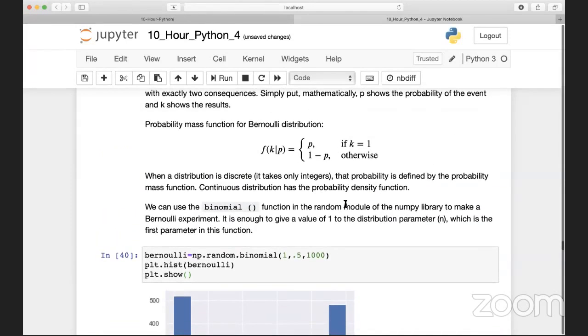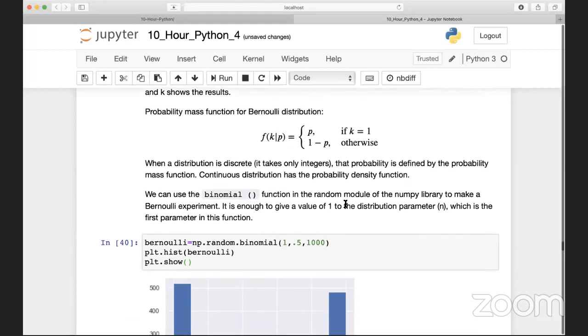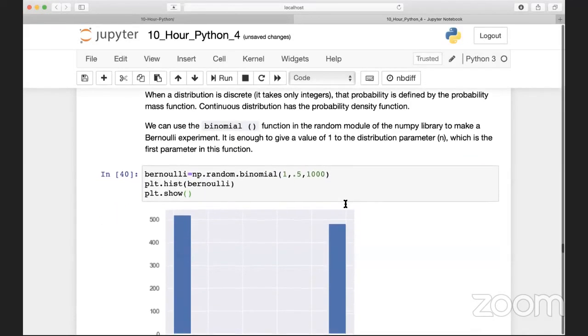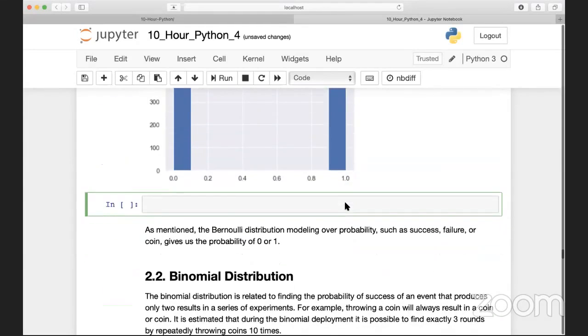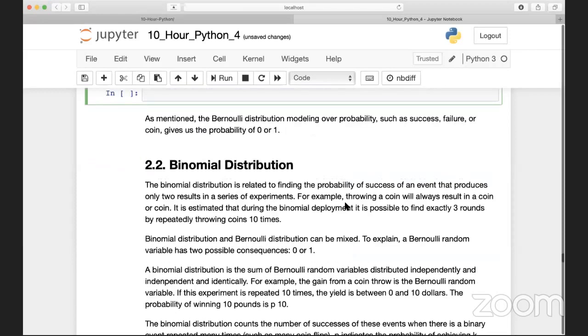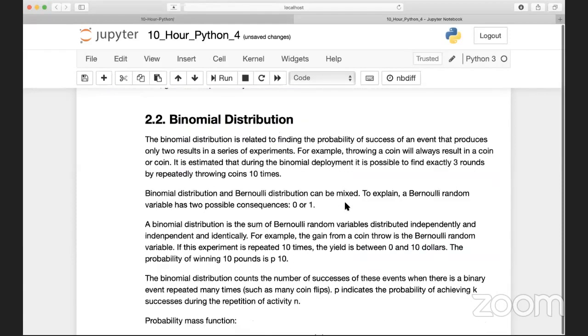We have two outcomes in an event, in just one event. So if we iterate this event, if we have a repeated number of observations, we have the binomial distribution. So the binomial distribution and the Bernoulli distribution are two related distributions.